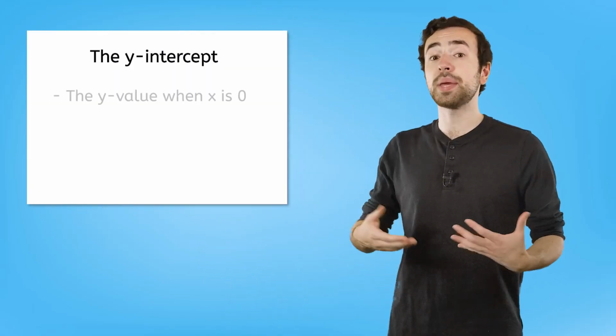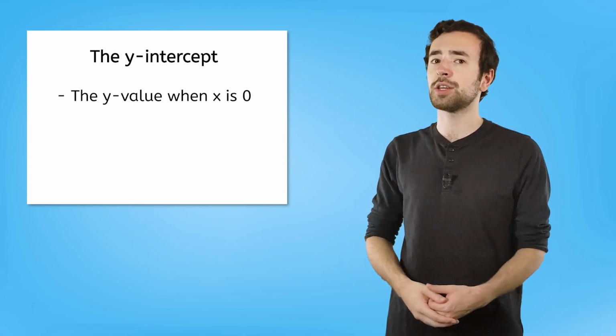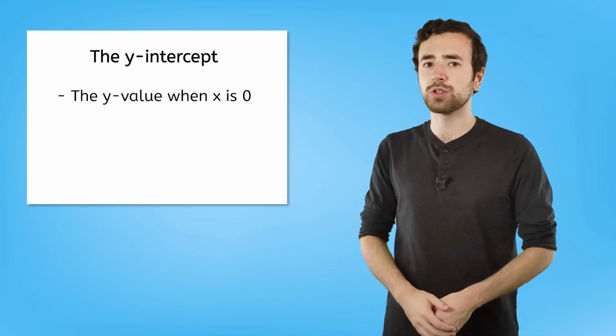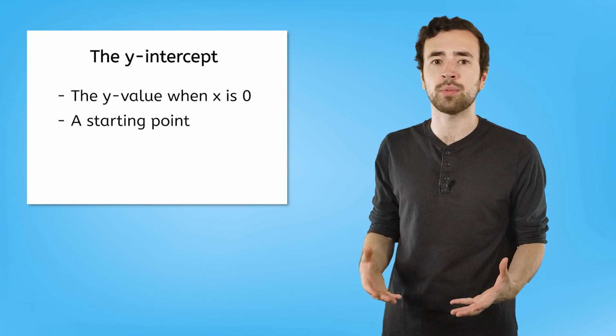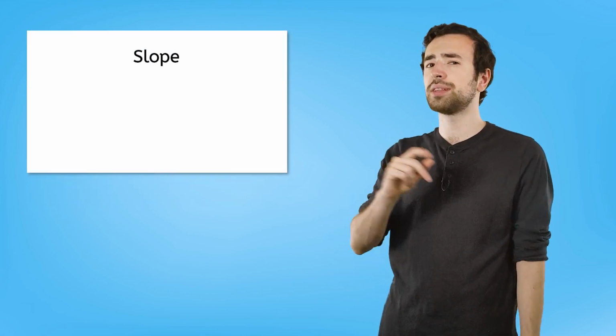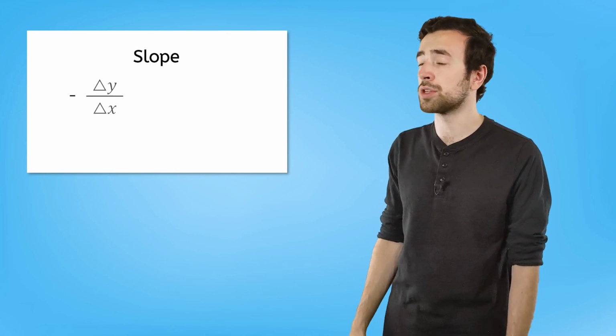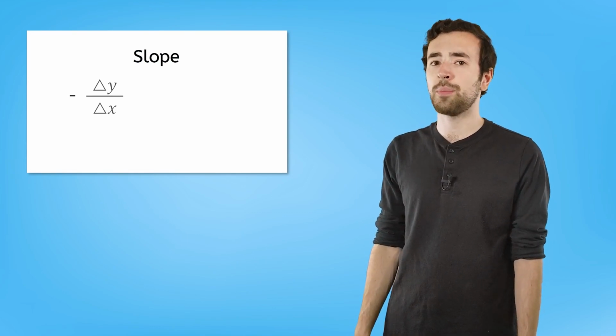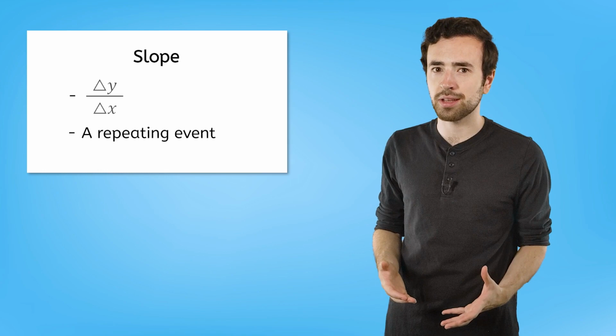In addition to being the y value when x is 0, the y-intercept can also show up as a starting point in a problem, or a one-time event, like a fee. The slope, in addition to being the change in y over the change in x, can also show up as a repeating event. Let's take another look at what Caroline needs help with, keeping this in mind.